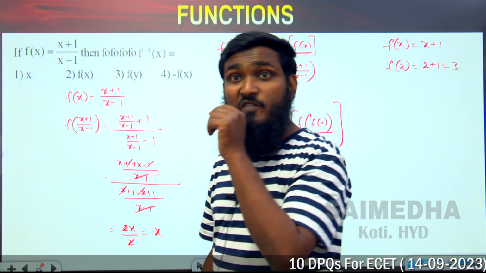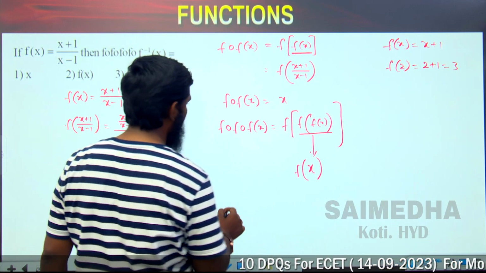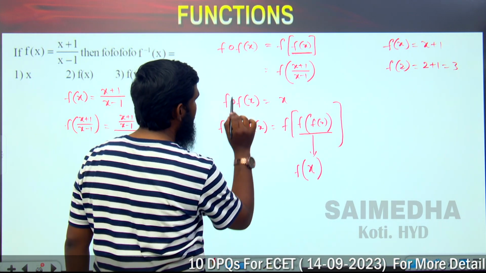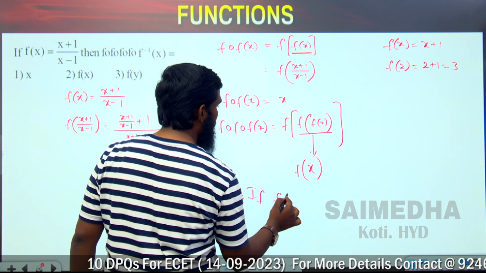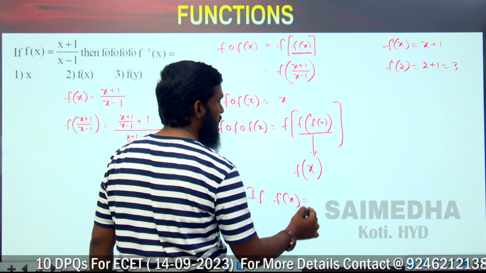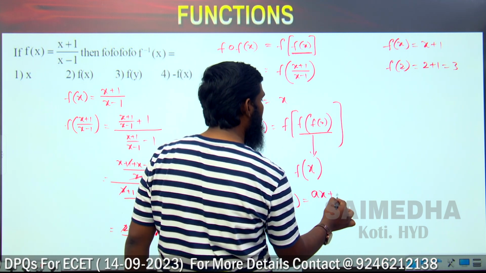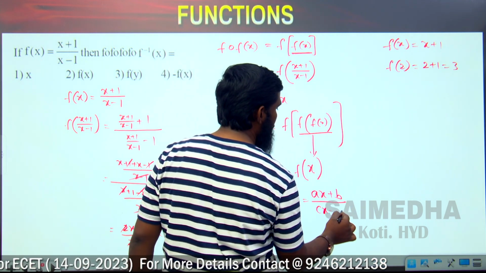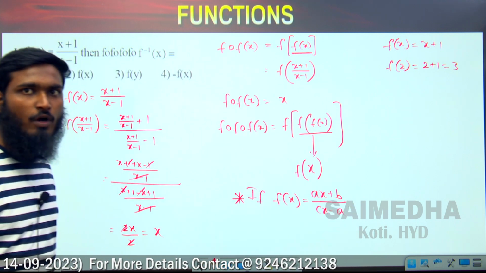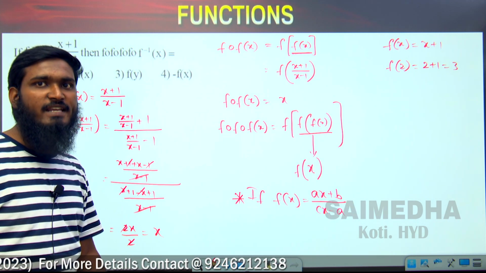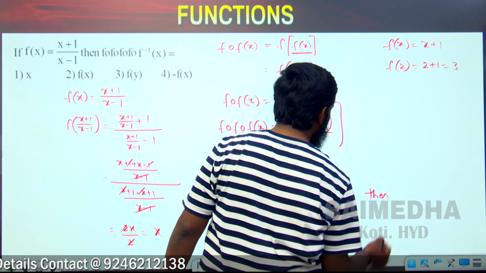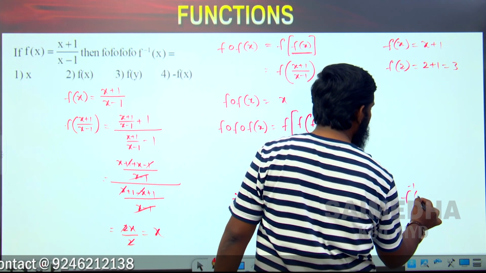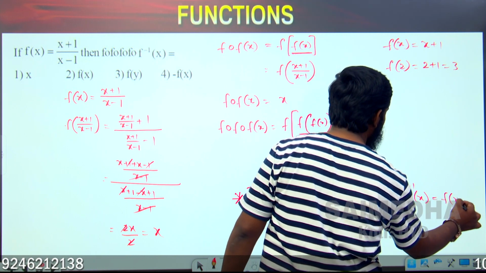Understood now? What is the shortcut? Listen carefully. If f of x is equal to (ax plus b) divided by (cx minus a), the same condition we just took, then we already know that f inverse of x is equal to f of x.